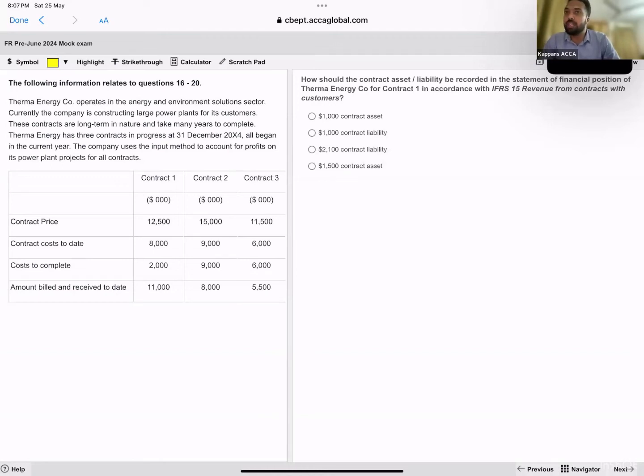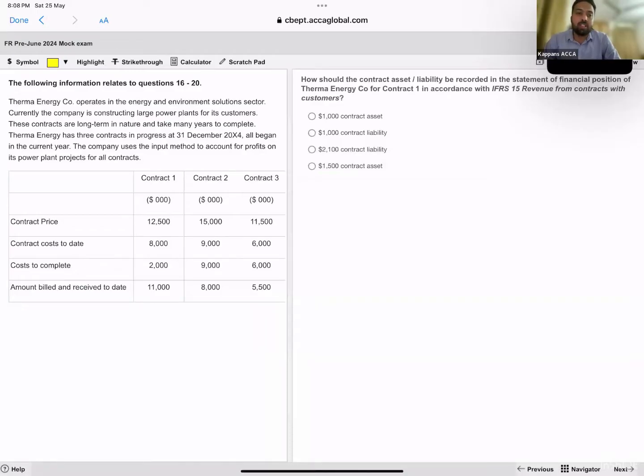There will be 3 such case scenarios. So 3 into 5, there will be 15 questions. It can be multiple choice questions, fill in the blanks, or choosing true or false, correct, incorrect sort of question. It can be both descriptive or narrative type of question as well as numerical type of question.